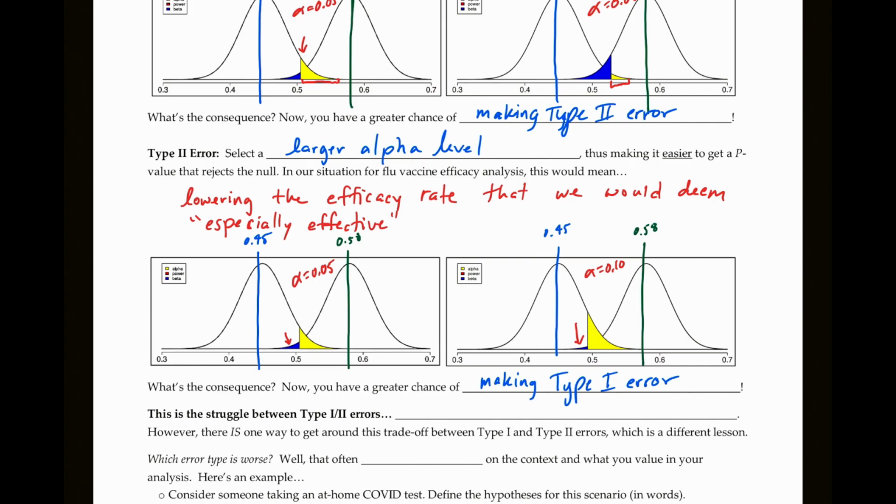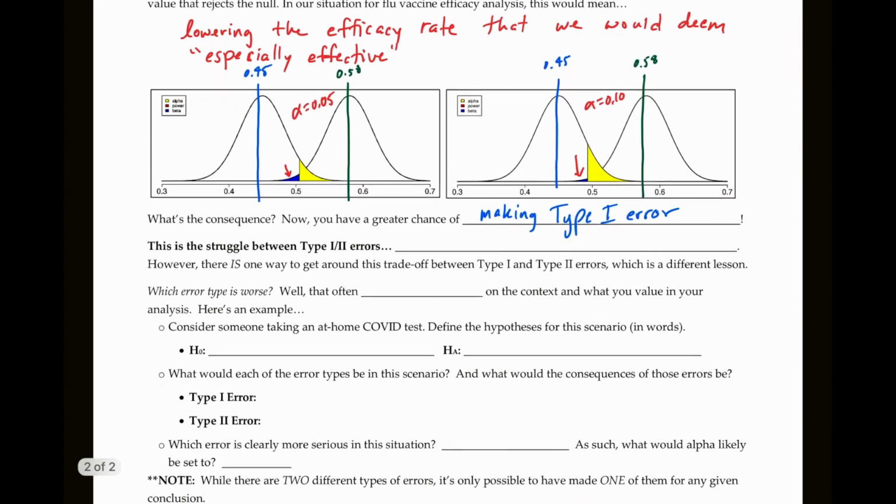So you can see that there's not some easy fix here. You can't just say, oh, I'll just mess with alpha to make it this way, because by shrinking it or increasing it, it plays with both types of errors. There's no way to make both error types go down as small as possible to 0. There's always this trade-off.